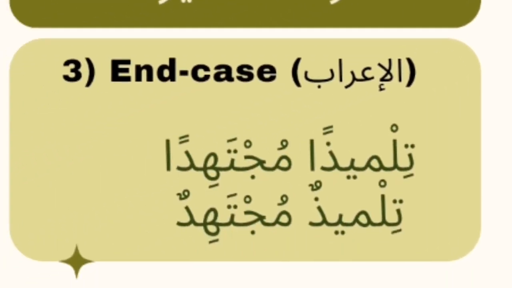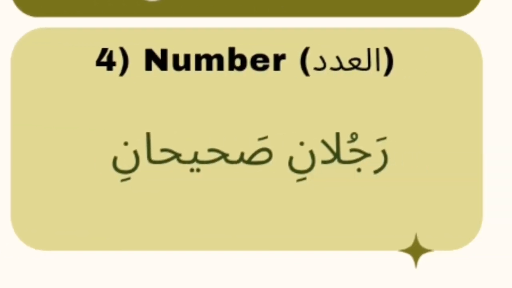Moving on to the third, in case al-i'rab. It has to do with the last haraka of a word. The first example, tilmidan mujtahidan, the first word is having a fathatain, therefore the second word should also have a fathatain. Tilmidun mujtahidun, dhammatain and dhammatain. Moving on to the fourth number, al-adad.